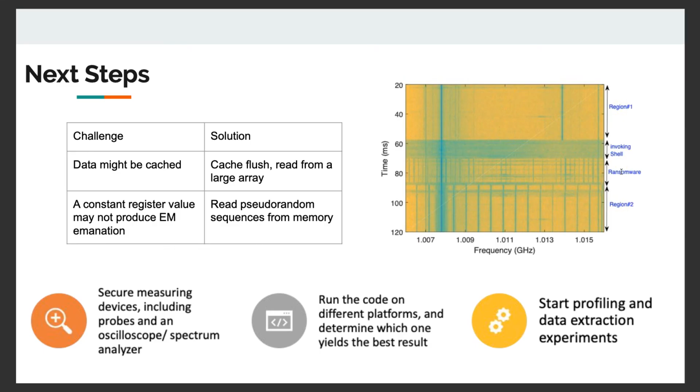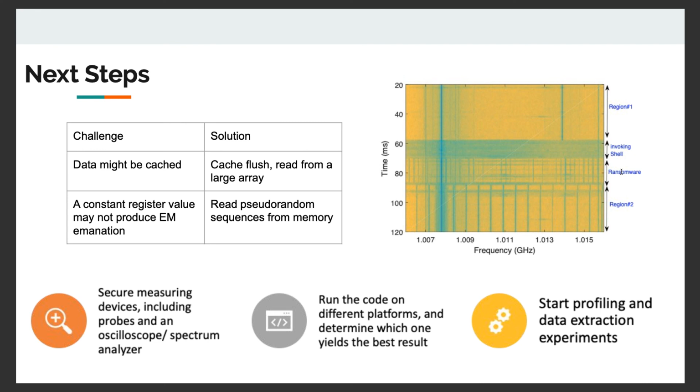Yep. And as for our next steps, we have first identified two major challenges. The first one being the data might be cached. In that case, there won't be much transfer happening, so there won't be enough antenna activity to send out those EM waves. The way we plan to deal with that is to first perform a cache flush, so that the data will have to be moved from the memory to the cache, so that more EM waves can be produced.